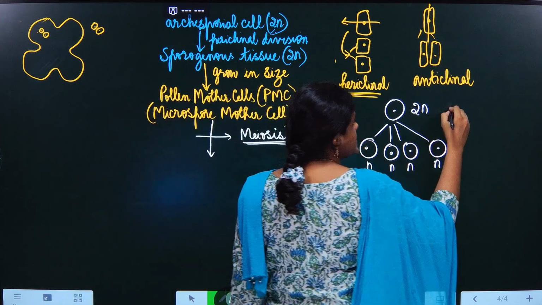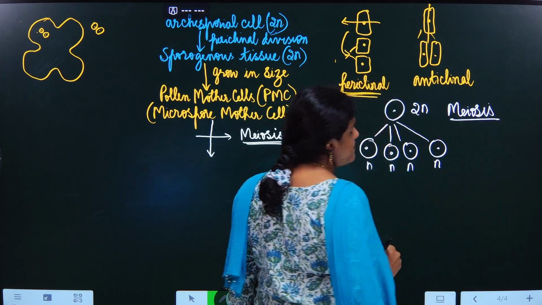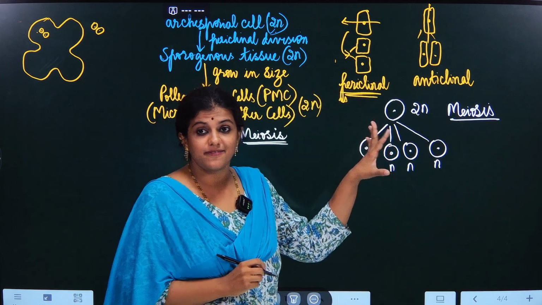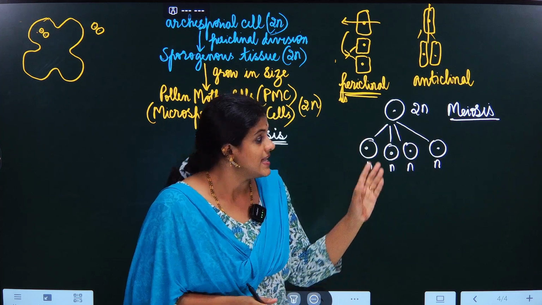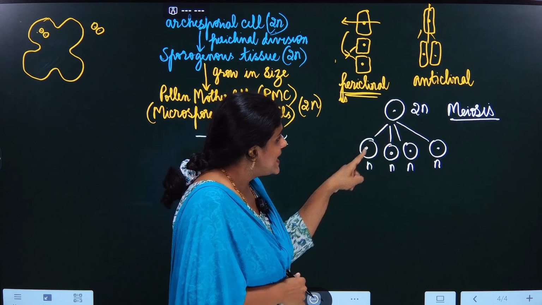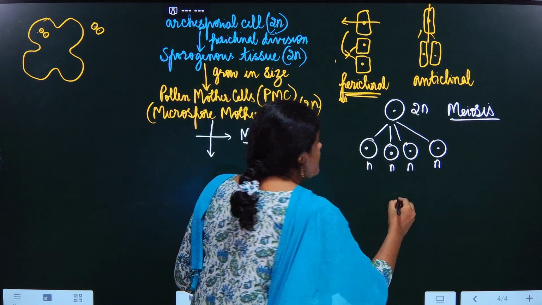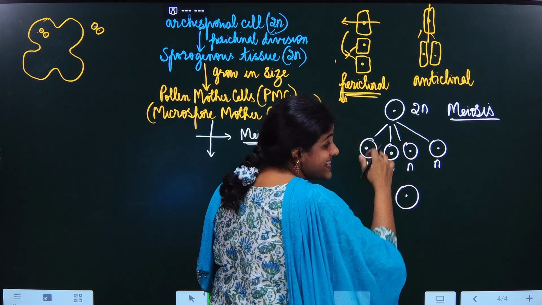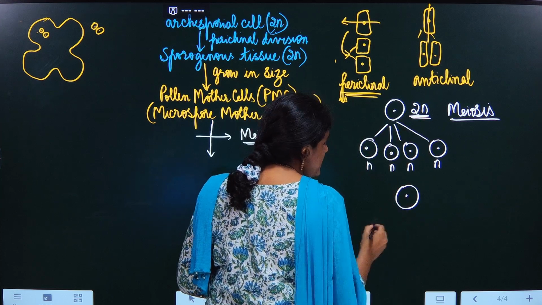In meiosis, one parent cell, because you have to have strong fundamentals regarding meiosis and mitosis differences, that's why I am mentioning this. In meiosis, a diploid parent cell gives rise to 4 haploid daughter cells. That's why we call it reductional division, because the ploidy is reduced, diploid has become haploid.